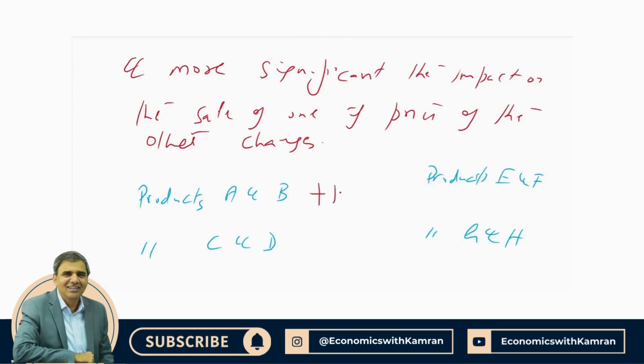It is plus 1.5, it is plus 0.8, it is minus 0.7, it is minus 1.2. Now there are four pairs of products. I'm not going to write this in detail because we don't have much time, but let me explain. The plus means substitutes. So products A and B are substitutes and products C and D are also substitutes. So the first two pairs are substitutes.